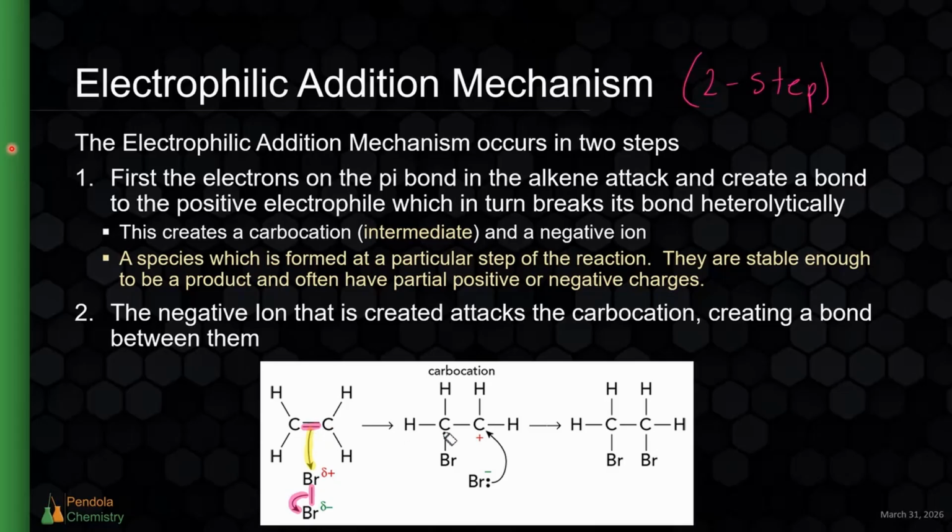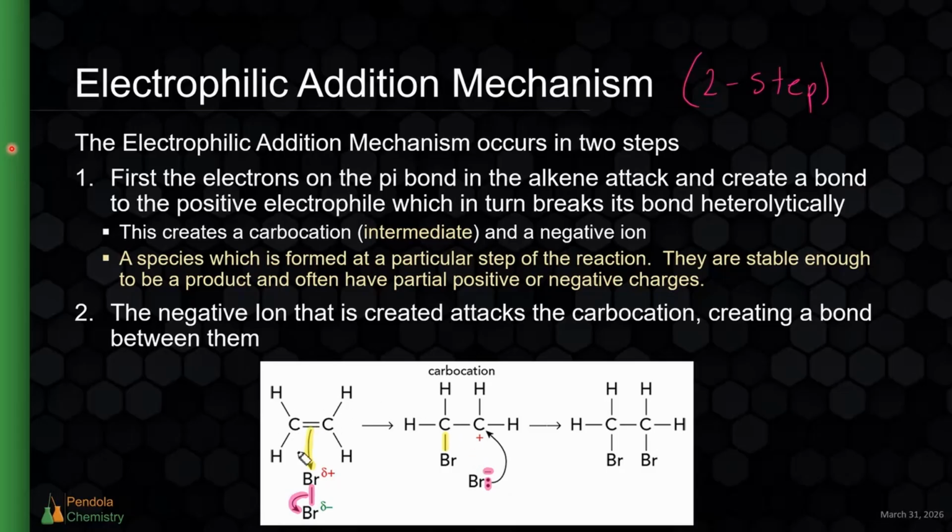And only one bond is formed to that bromine. So this breaks the pi bond and creates a bond between one of the carbons and the bromine. The electrons that are broken heterolytically in the electrophile bond go to one side of the bond, creating a negatively charged ion.